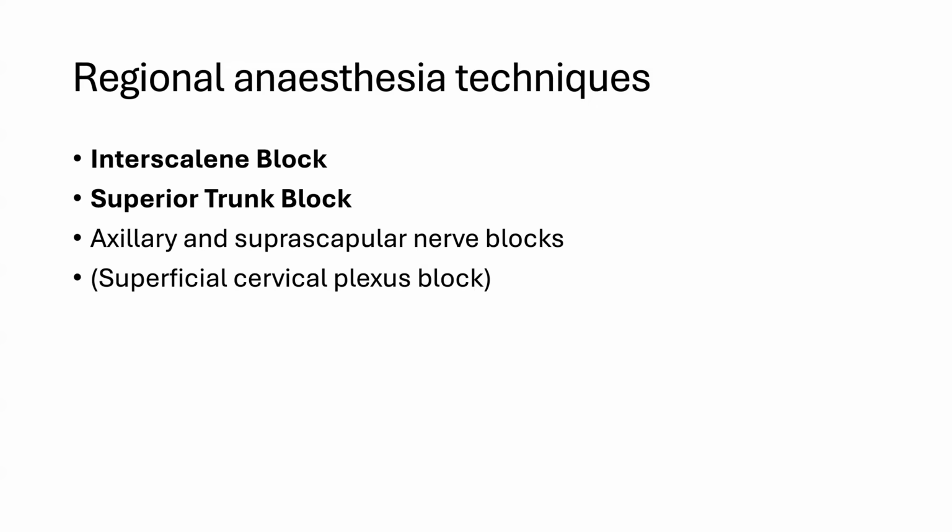It has been used for many years, firstly using the landmark technique. Nowadays, people tend to use ultrasound. The superior trunk block is new, and it is now becoming more fashionable simply because it has less complications as compared to the interscalene block, and is also easy to perform.